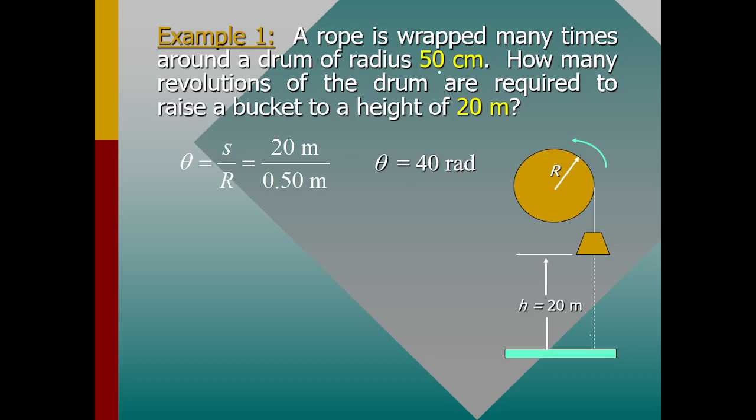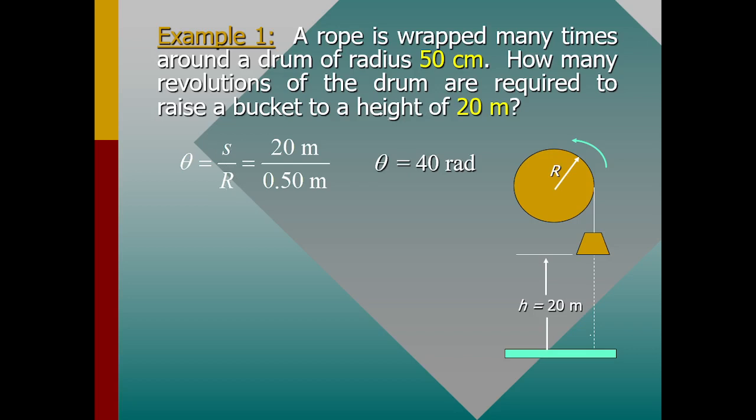I said these are centimeters, so you need to change into the SI unit, which is 0.5. So 20 divided by 0.5 is equal to 40 rad. Some of you may cancel the meter and meter, but so long as you are dealing with the arc length and the radius, you are simply looking for theta.